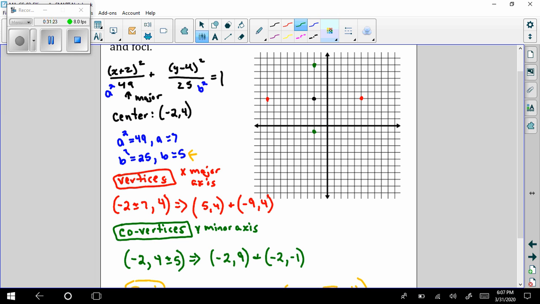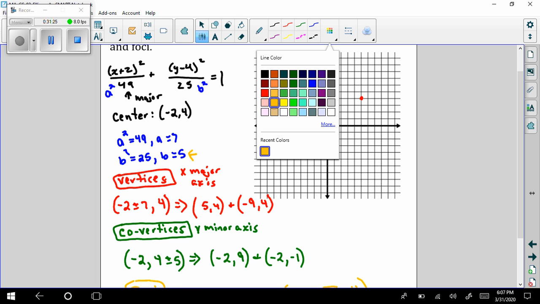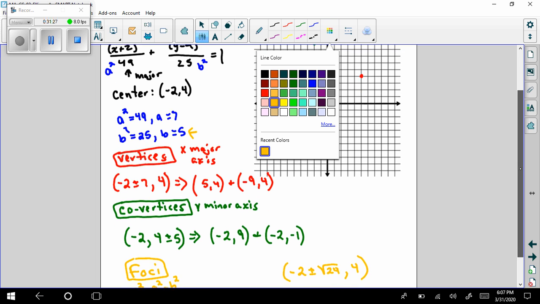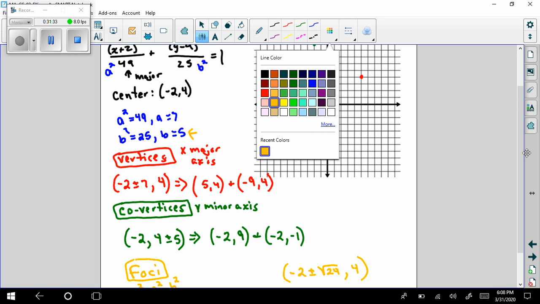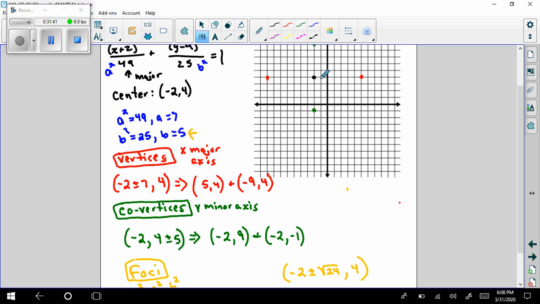Okay, so for my foci points, I am going to go on my major axis, which is horizontal. I'm going to go from the center, and I'm going to count about 5 units. So 1, 2, 3, 4, 5. It's going to sit in here.